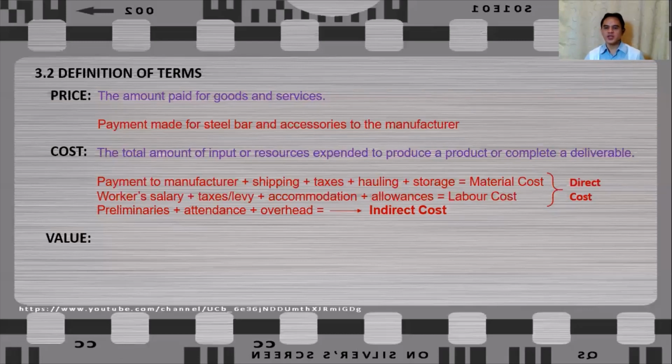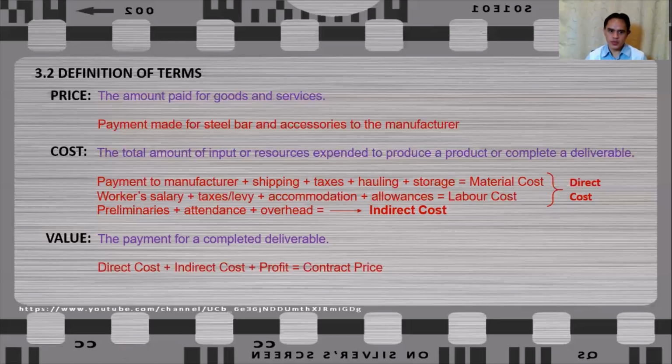Next is value. Value is defined as the payment of the completed deliverable. So this is what you are getting paid. And this value for you as a contractor will be composed of your direct cost plus indirect cost, including your profit. So this is the amount that you submitted during the tender, and when the tender is accepted and awarded to you, it will become your contract price.